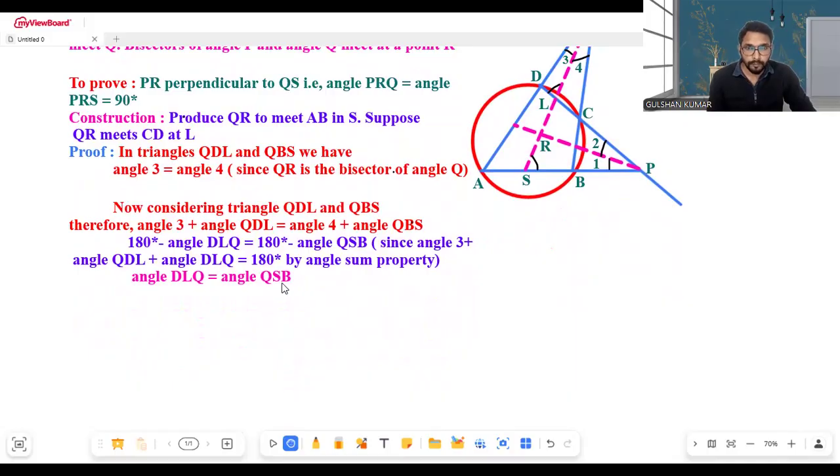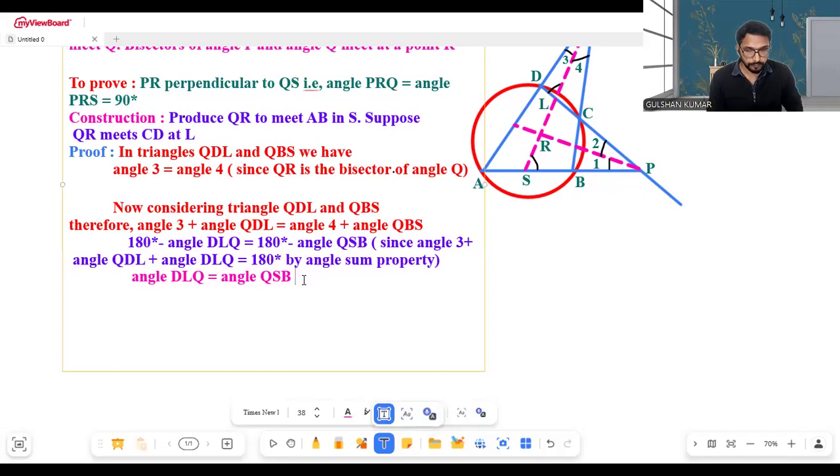Now starting with this. So angle PLR equals angle QSB. Okay.